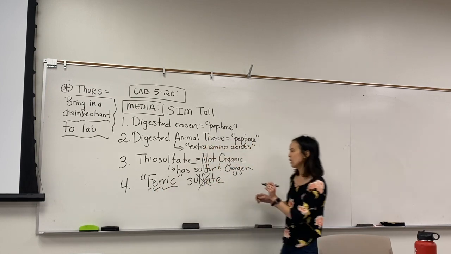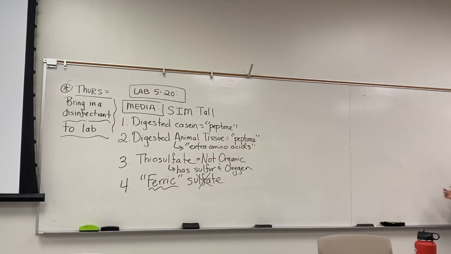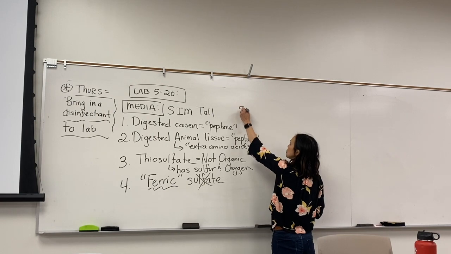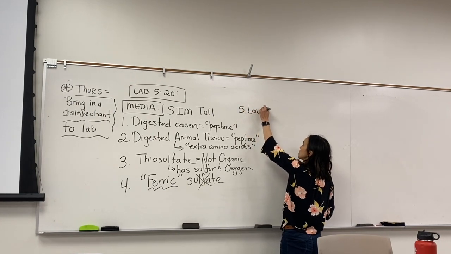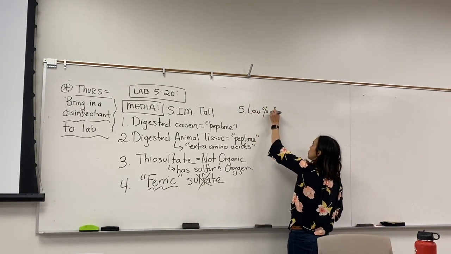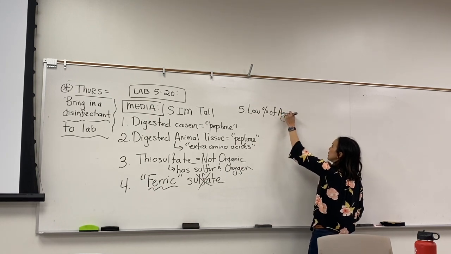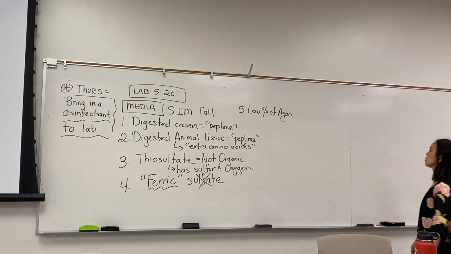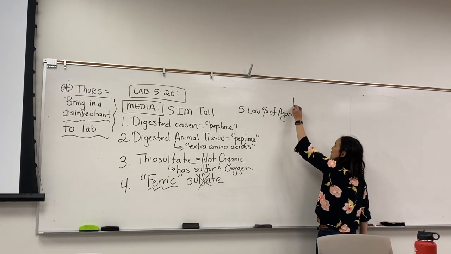I know it is a little confusing that now all of a sudden it's sulfate, but we have the ferric in there. And then the last thing is there is a low percentage of agar. All right.